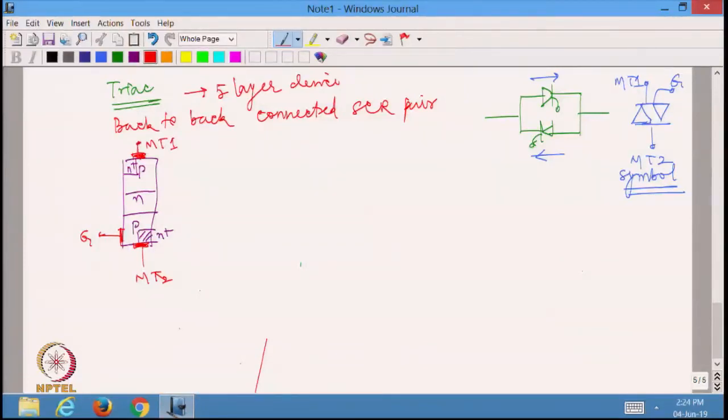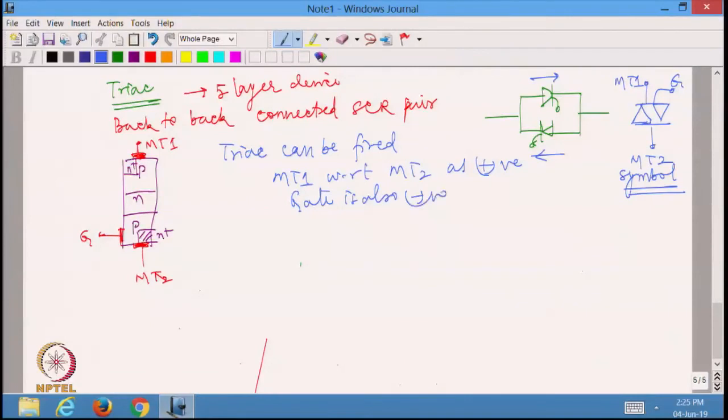So, these are the 3 terminals that are available and TRIAC can be fired by having MT1 with respect to MT2 as positive and simultaneously gate is also negative with respect to MT2.